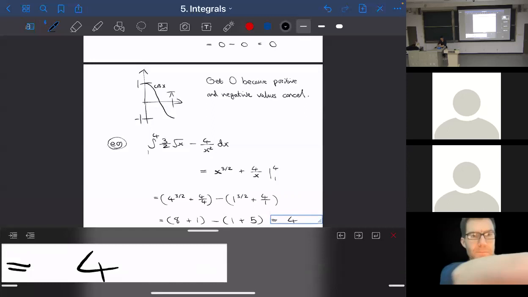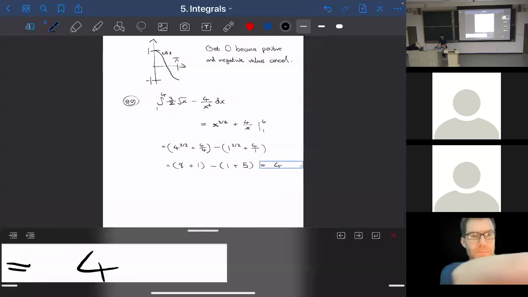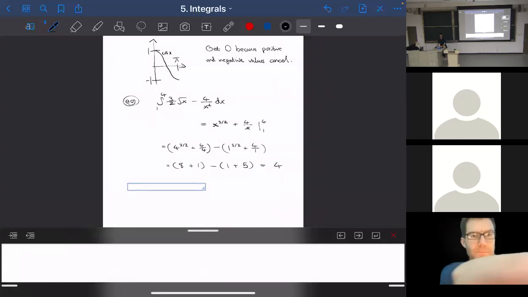Okay. So we can now take these really complicated integrals and get simple answers out. So a first application of this is to calculate areas, and there are many more applications to come. So, areas using antiderivatives.